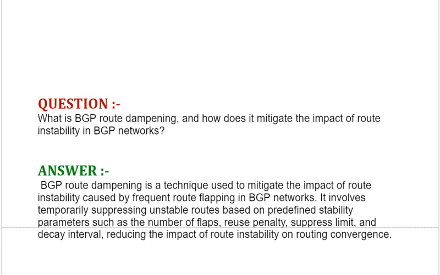It involves temporarily suppressing unstable routes based on predefined stability parameters such as the number of flaps, reuse penalty, suppress limit, and decay interval, reducing the impact of route instability on routing convergence.